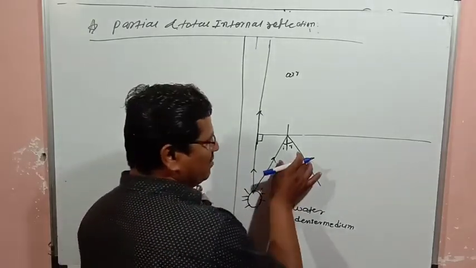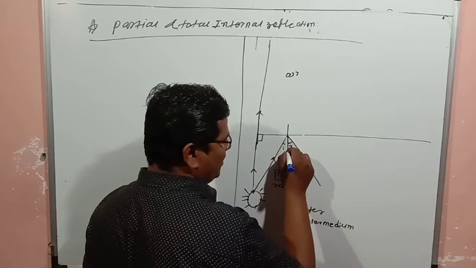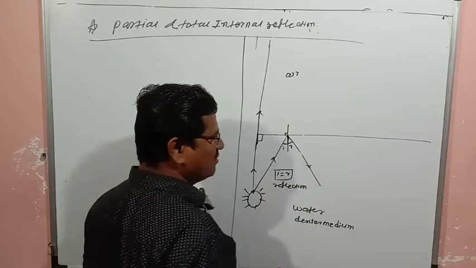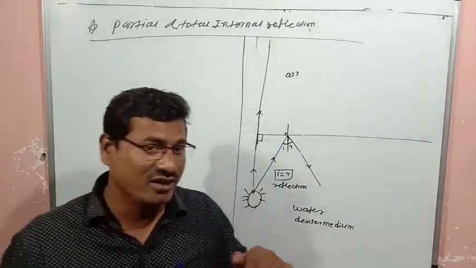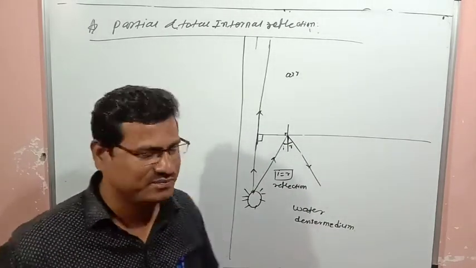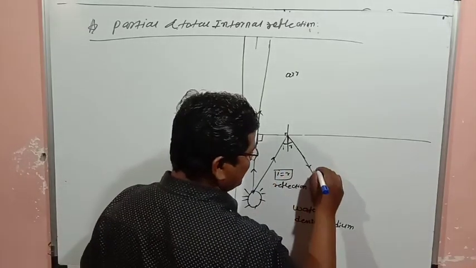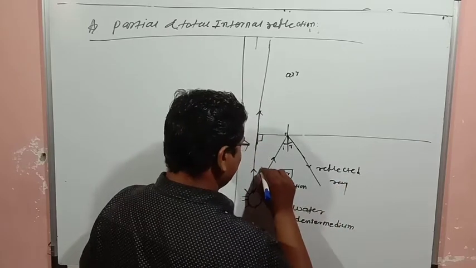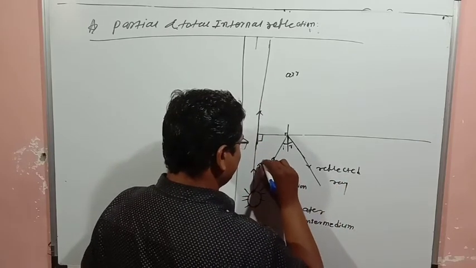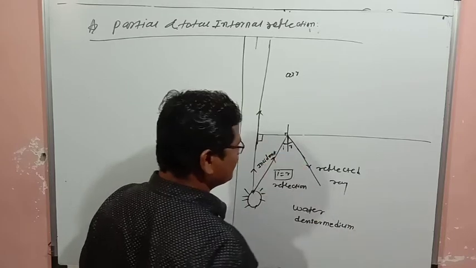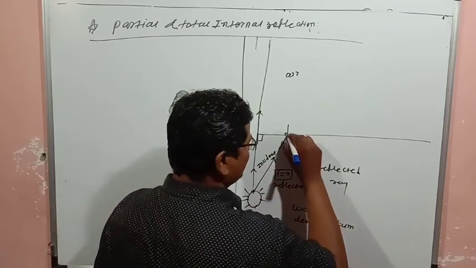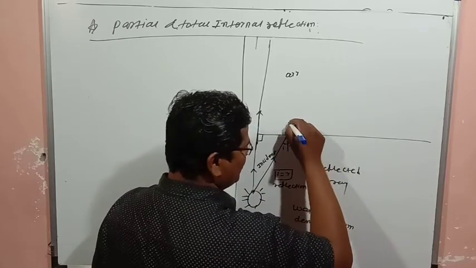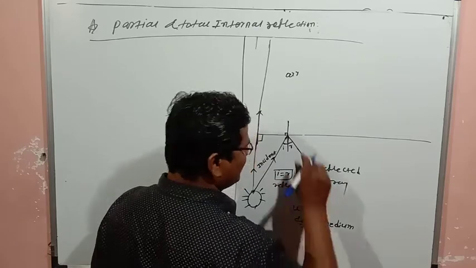So some part of the light gets reflected. This one is the normal, suppose, and some part of light, remaining part, gets refracted. This one is the reflected ray. This one is the incident ray. So some part gets refracted, that means it will travel from one transparent medium to another transparent medium, but this one is the denser medium and this one is the rarer medium.